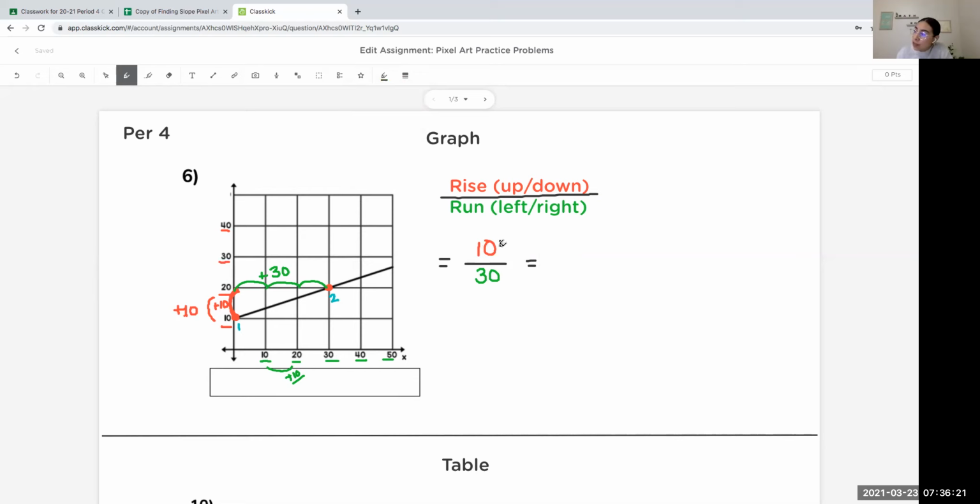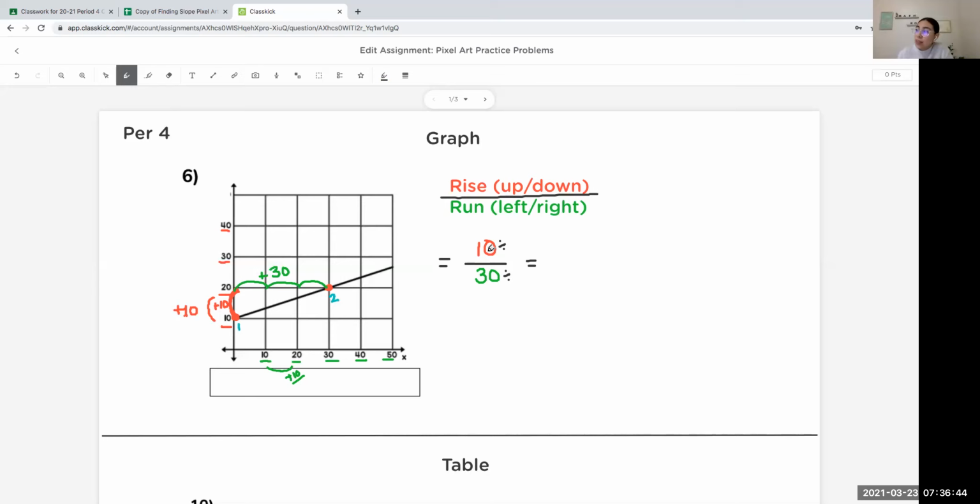Simplifying means I have to divide the top and the bottom by some number. Since both of these end in 0, both of these are even, I can try dividing by 2. That can work.